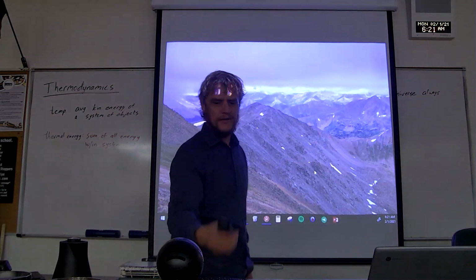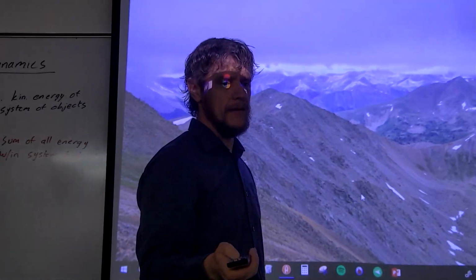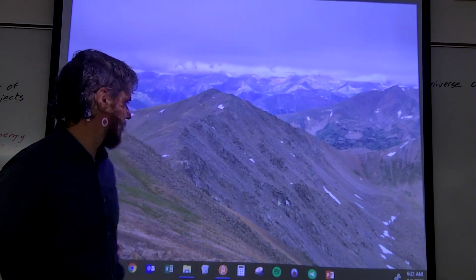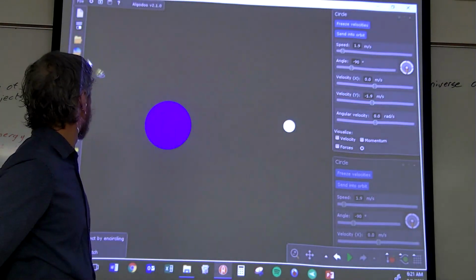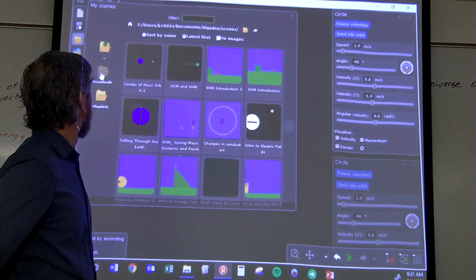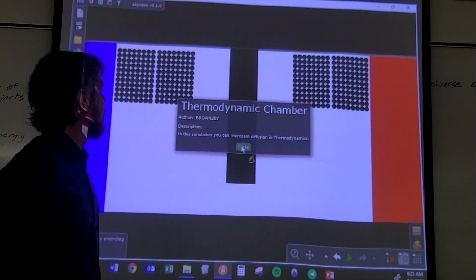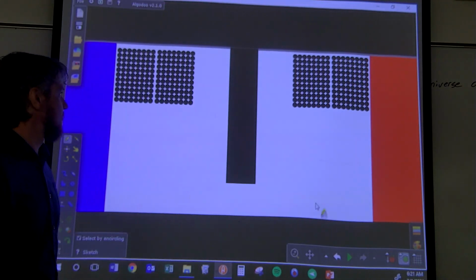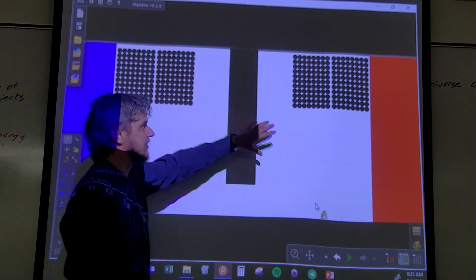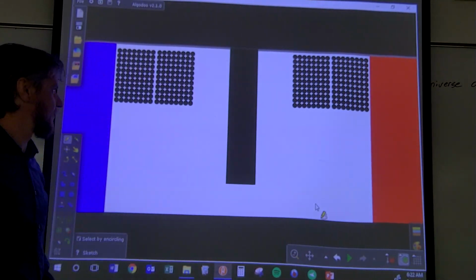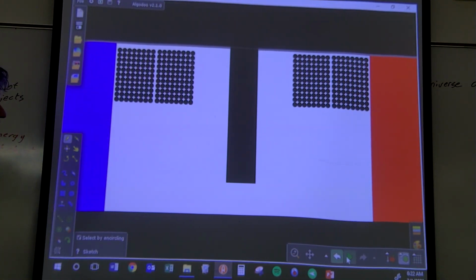Let me zoom in here. This is a simulation of what's called a thermodynamic chamber. Let's say that I've established this system of particles. I put just this many particles here and just that many particles there, and they're in a very ordered state. I hit play.